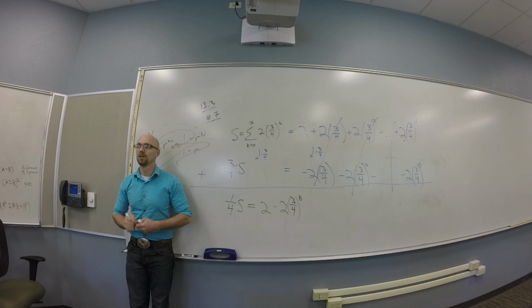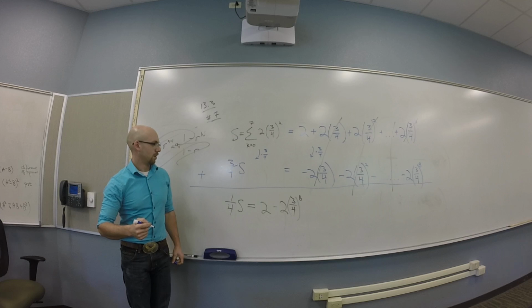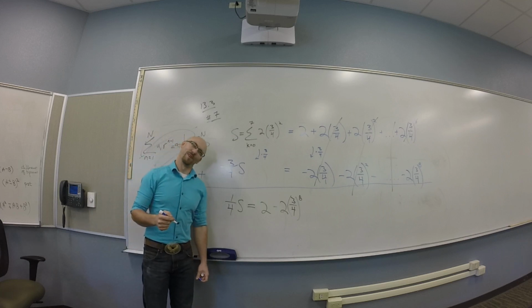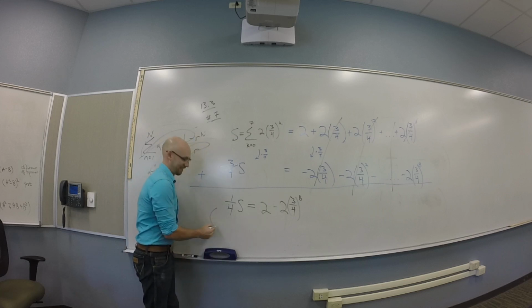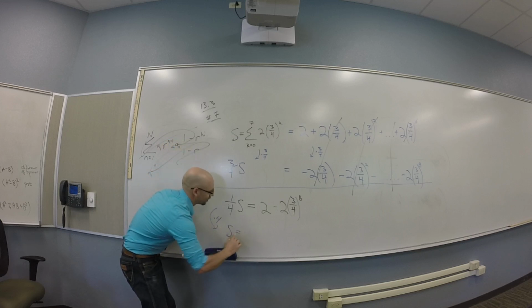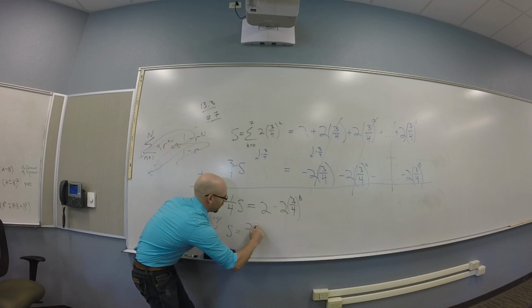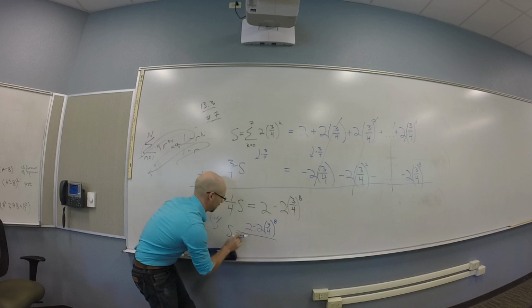You guys see this? So ultimately here, what do I have? Multiply everything by 4. So that'll get you your sum, which is 2 minus 2 times 3/4 to the 8th all over a quarter.